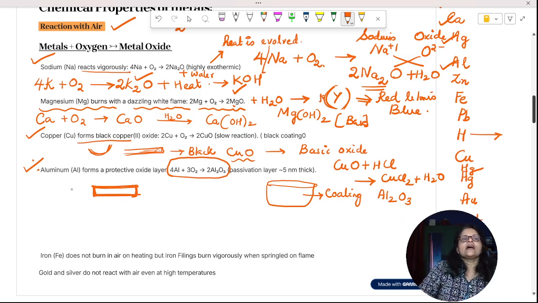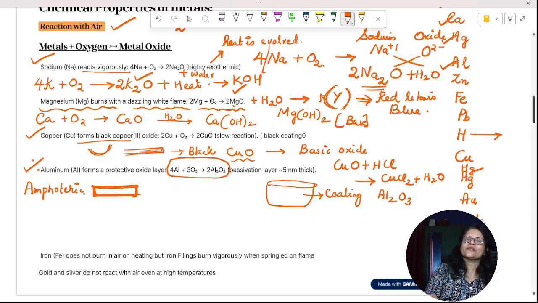Then again, what about its basic or acidic property? If I say aluminium oxide is amphoteric, what does it mean? Do you know about amphibians? Frog is an example of amphibians, meaning it can live both on land as well as in water.